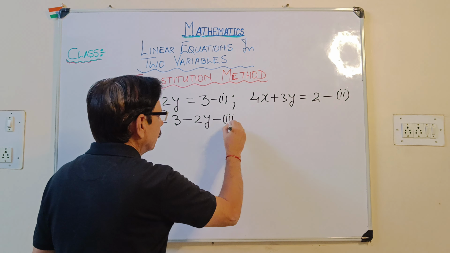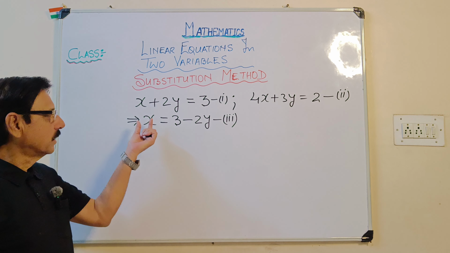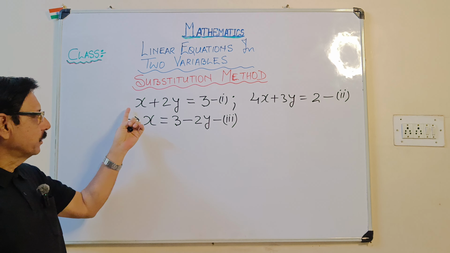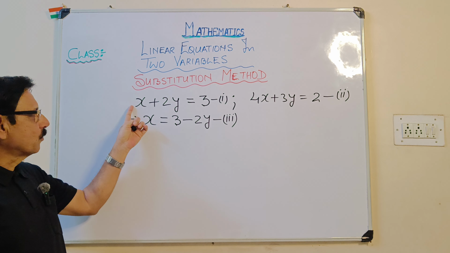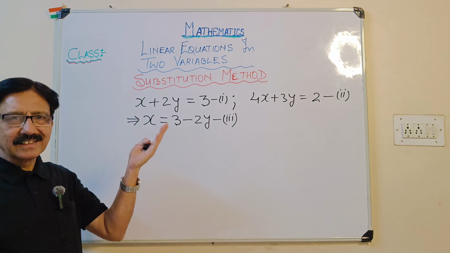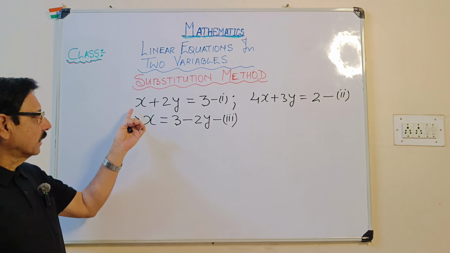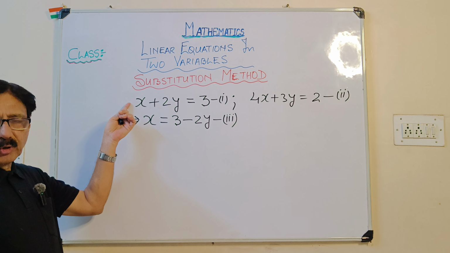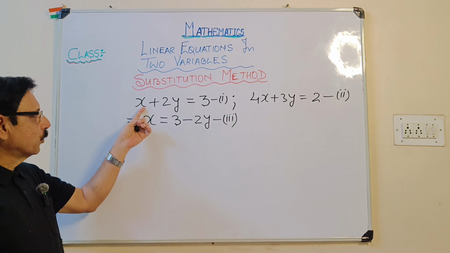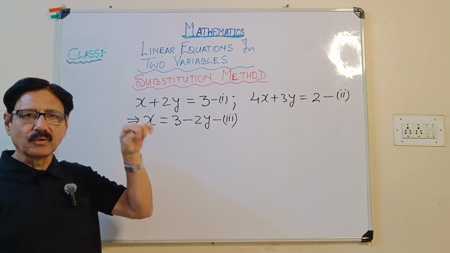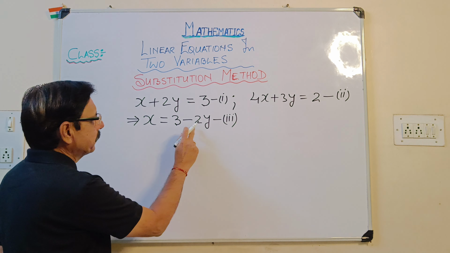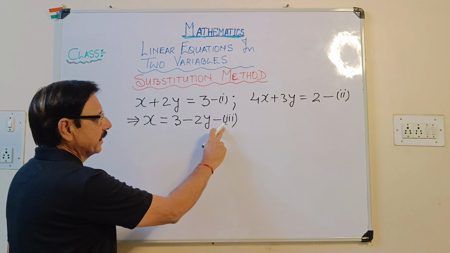What we have done is solve for one of the variables. If numerical coefficients are there in both, you can solve in any one. Otherwise, where there is no numerical value before the variable, try to solve for that one only. So x we have solved: 3 minus 2y. This is the third equation.